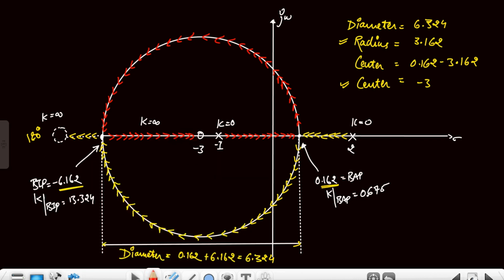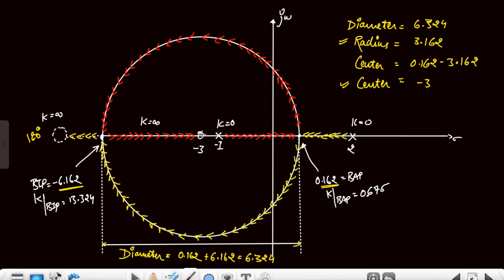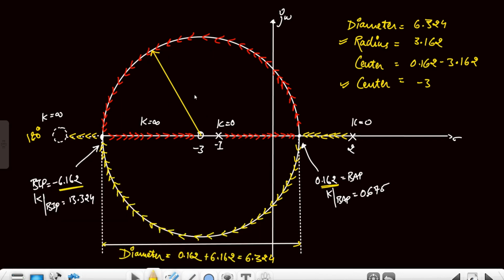So this is the circle with a radius 3.162. So the radius is equal to 3.162, and the value of k here we have got.